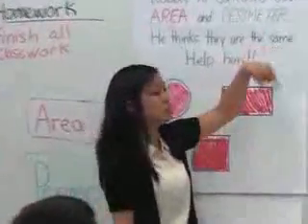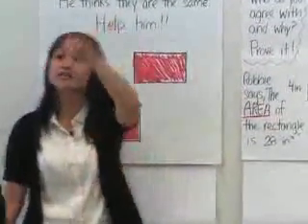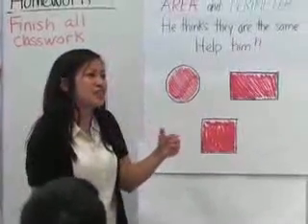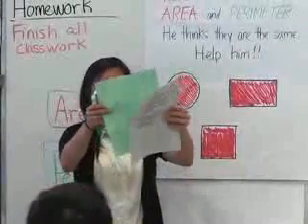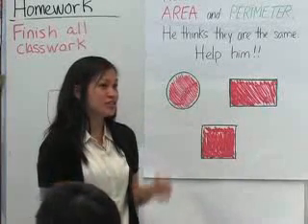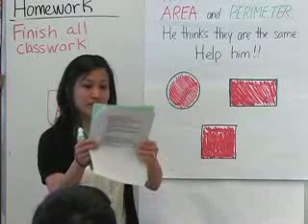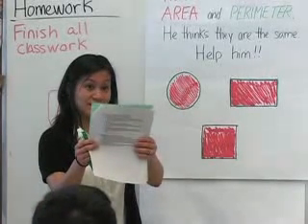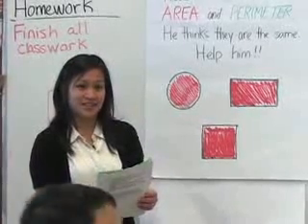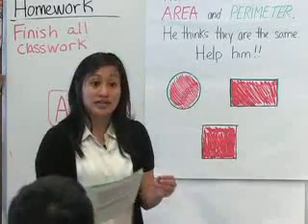What did he use to measure the area, the space inside? Alex? In inches? Okay, what kind of inches, though? Square inches. So what does it mean when somebody says square inches? It's 1 inch square.